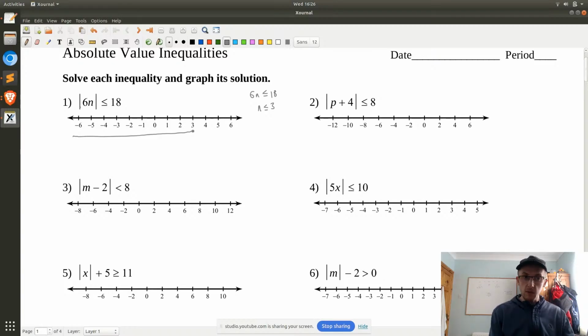But what about over here? For the absolute value one, 6 times -5 is -30, and the absolute value of that is 30, and that is not less than or equal to 18. So, what do we do? Well, long story short for this one, we go from 3 to -3 like that.